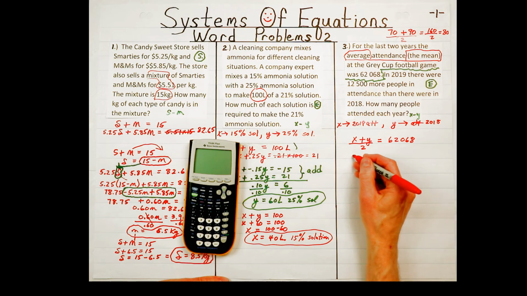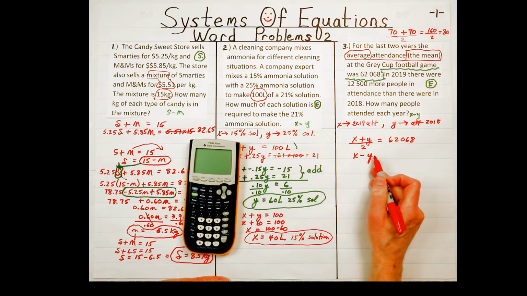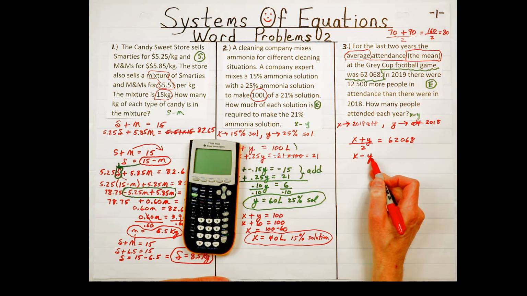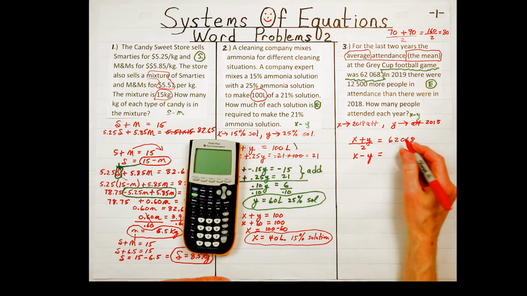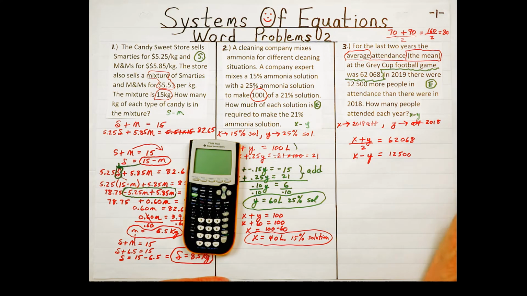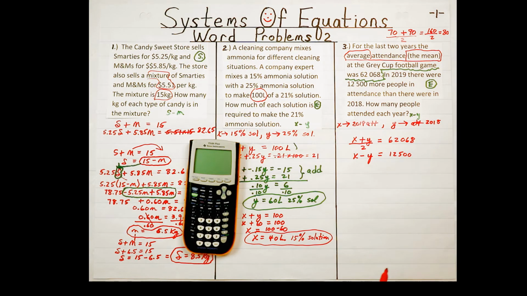So if we subtract X take away Y, so attendance 2019 take away attendance 2018, what do we get? 12,500. Yep. And those are the two equations.